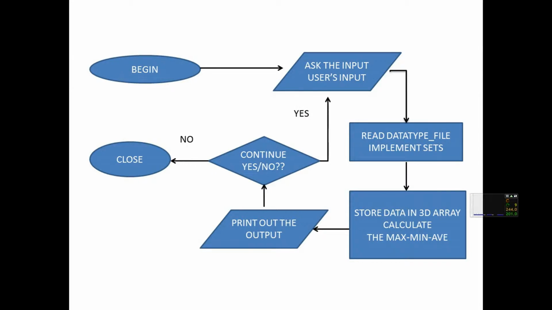After the user inputs the data, the program will read the data file and implement the set. Then it will store the data in a 3D array and calculate the max, the mean, and the average value. Then it will print out the output onto the screen.